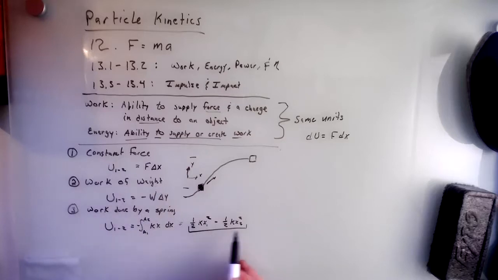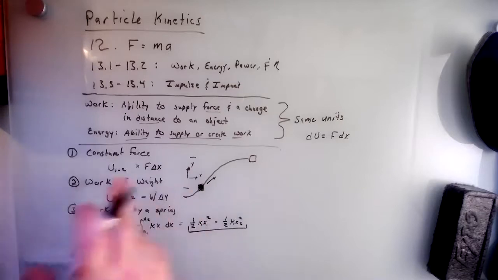So the change from here to here is the work done by the spring. In some of Jeff's videos, he will be using these early on in a single example. And I just wanted you to have a peek at the math of these before you get in and look at it. It should be mostly review.